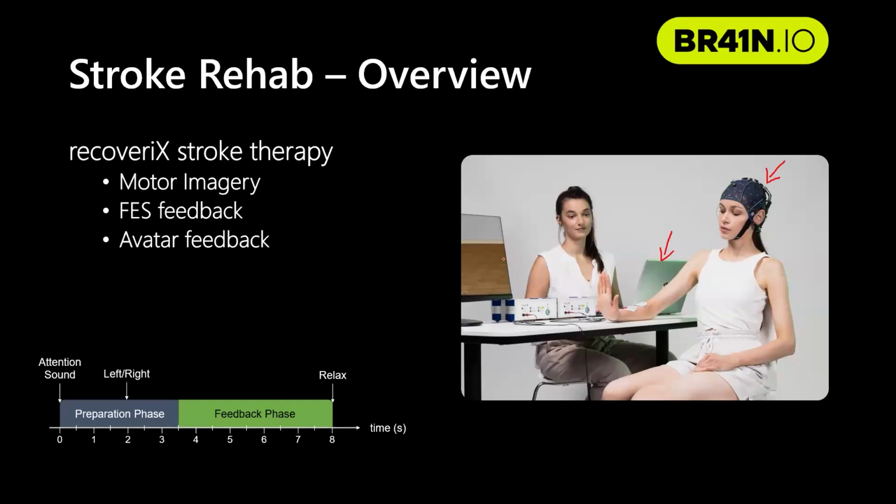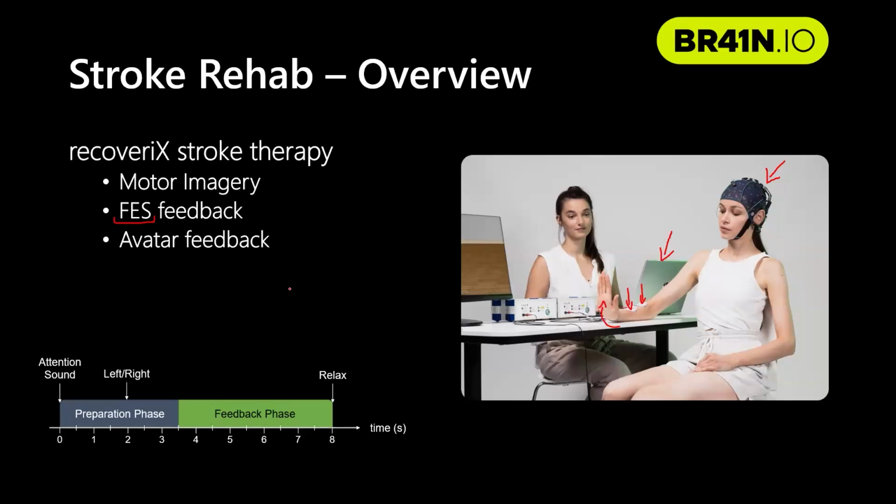If the patient is participating well and concentrating, then FES, which is functional electrical stimulation, which you can think of as simple muscle stimulation, is activated. You can see the two FES pads here, which are applied to the forearm muscle, and this then leads to the hand movement.